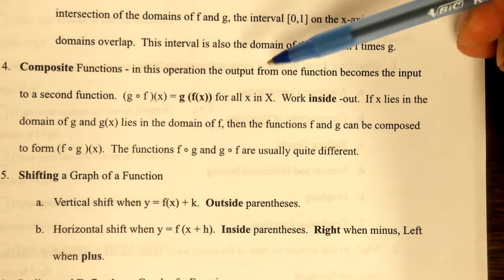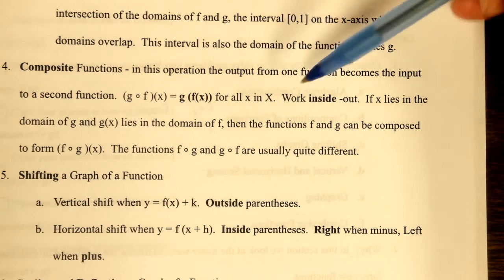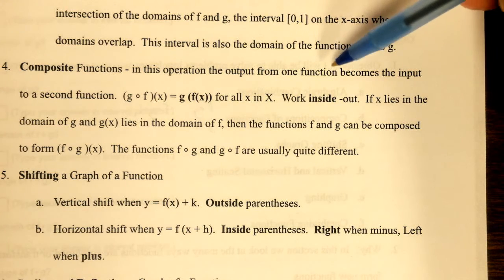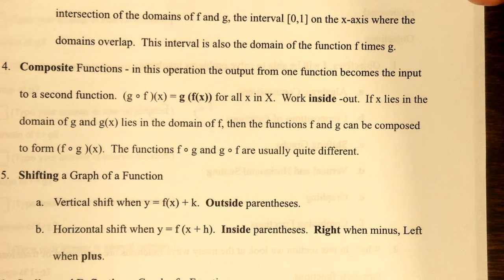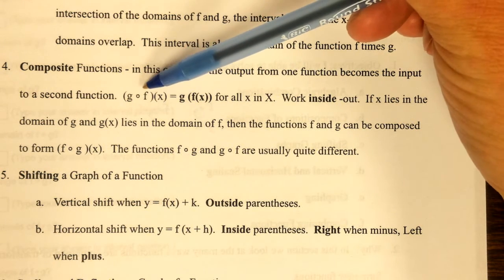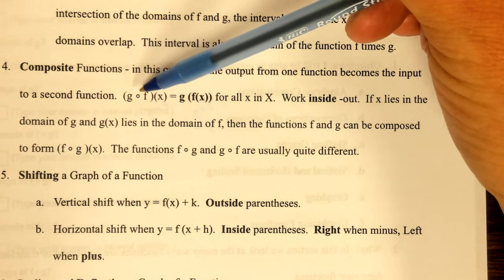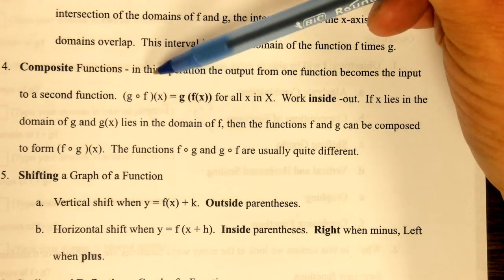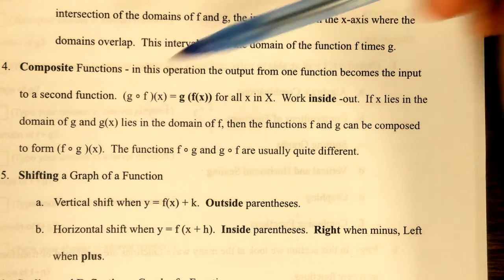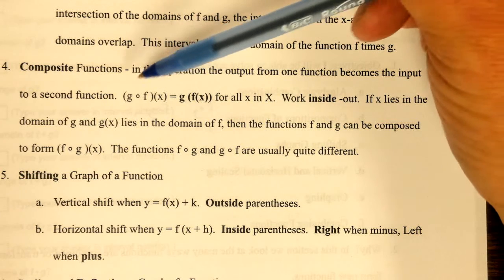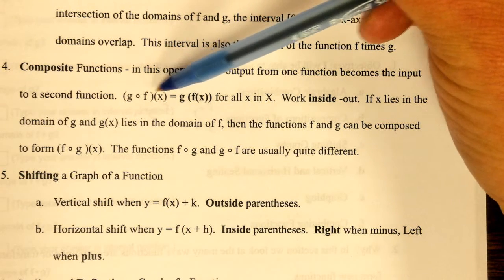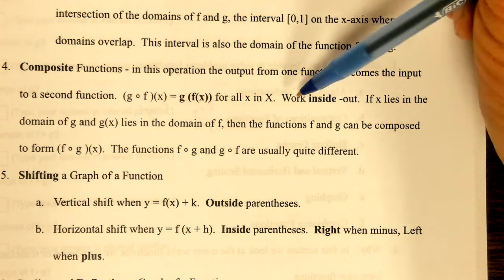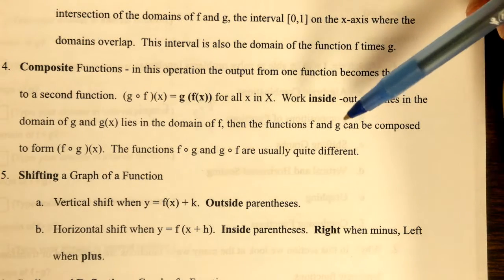Composite functions, this is when you have the output from one function become the input to the second one. So you have g circle f of x. Well, that little circle doesn't mean O, it's g of f of x. So you want to work inside out like that.